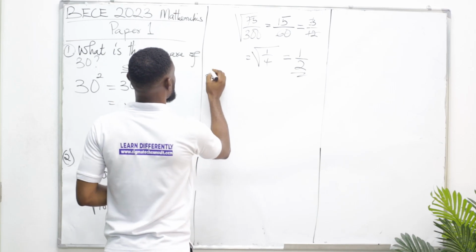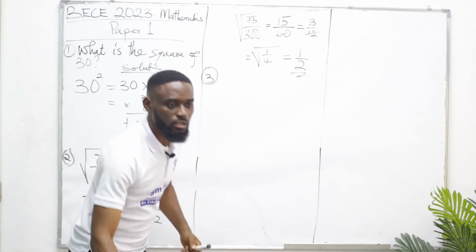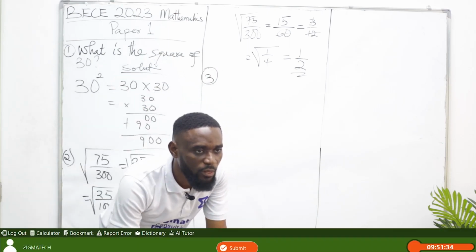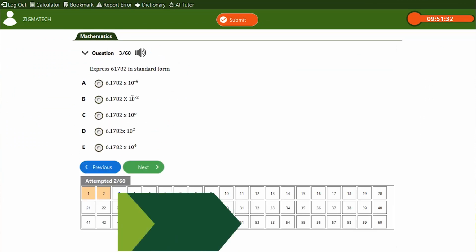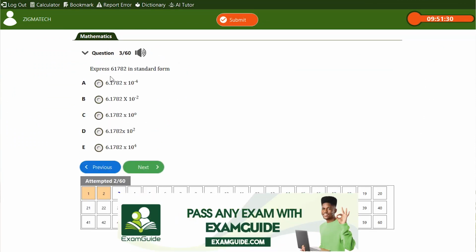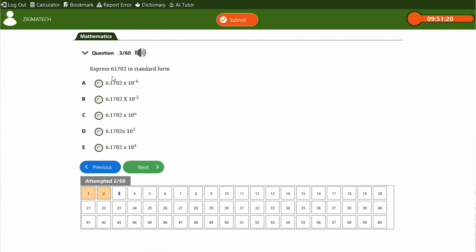So let's go to number 3. Number 3 says express 61,782.